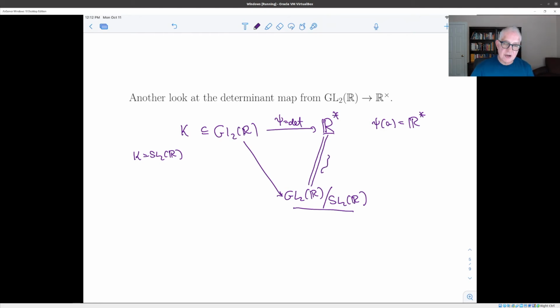But the image is all of R star because it's onto. So the calculation that we did earlier, where we showed that GL2R mod SL2R corresponds to the determinants, comes for free out of this isomorphism theorem.